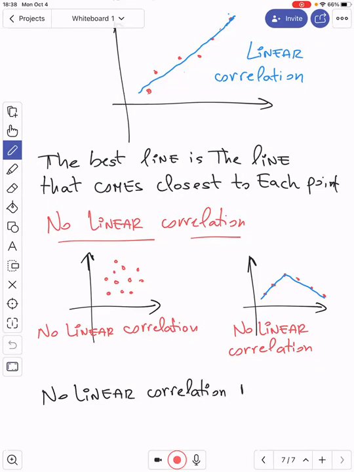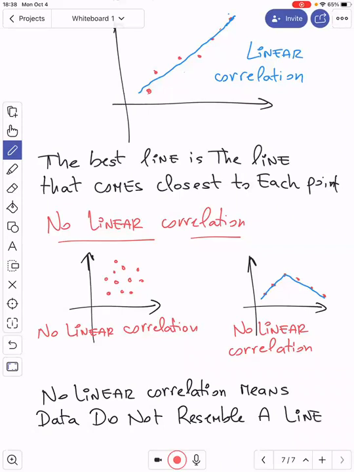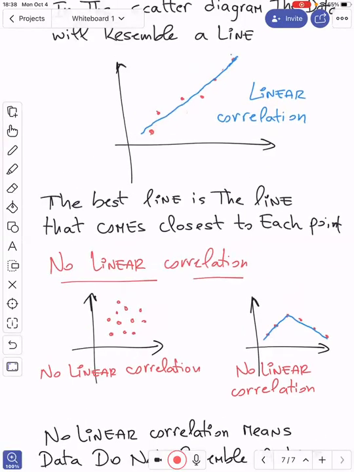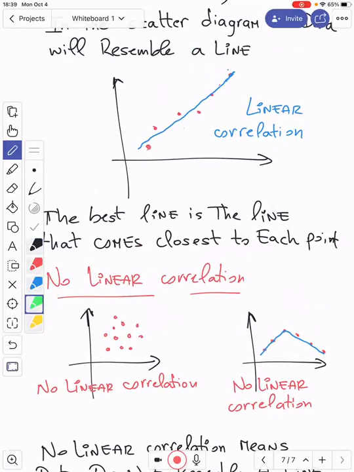No linear correlation means that the data do not resemble a straight line. Okay. Well, of course, as you can see, guys, in this example right here, not all the points lie on this blue line, right?